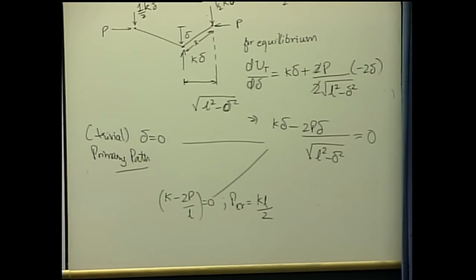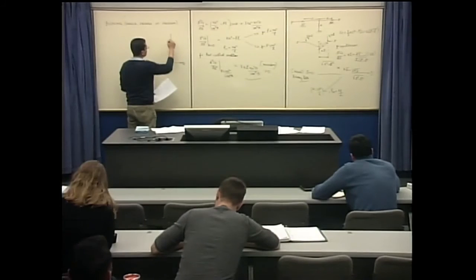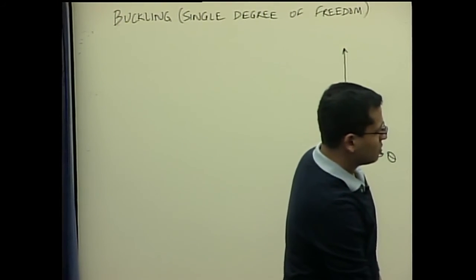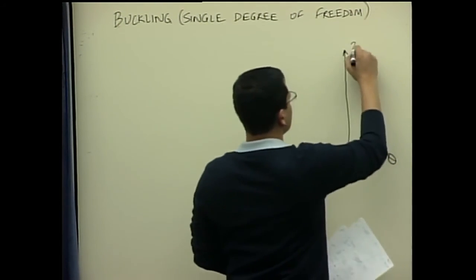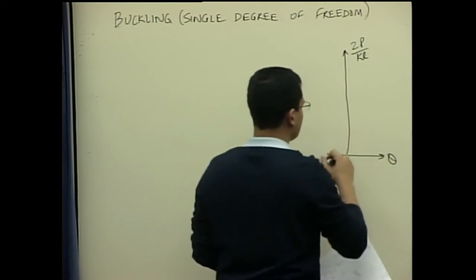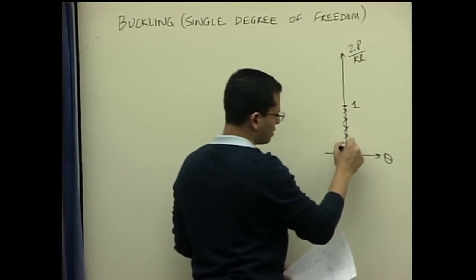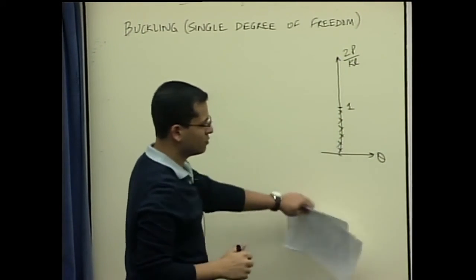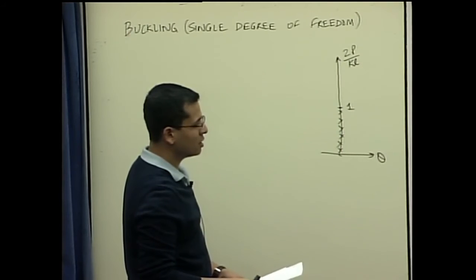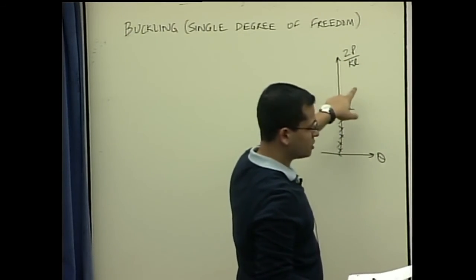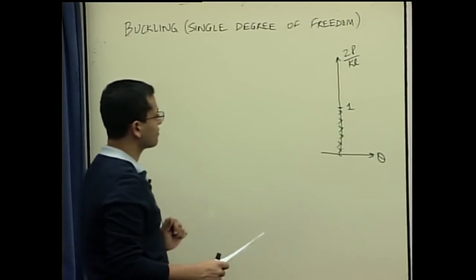So we found our primary path, which is, let's say I draw here, delta versus P over 2P over kL. This is 1. So all these points on the primary path are in equilibrium. And then the critical point is when P becomes kL over 2.